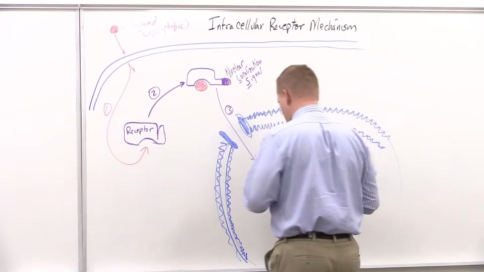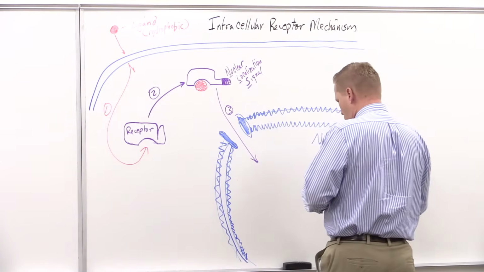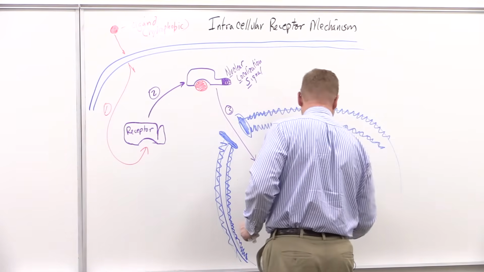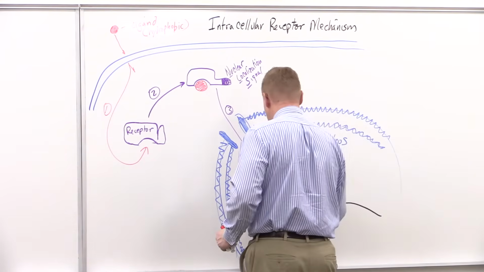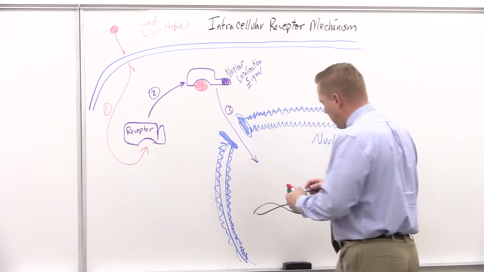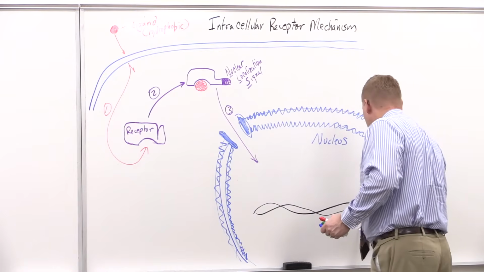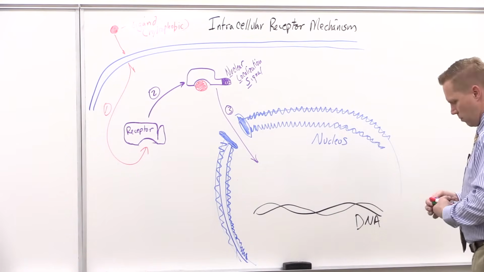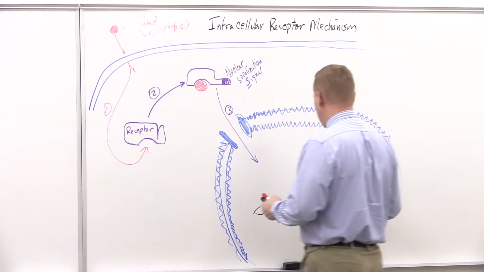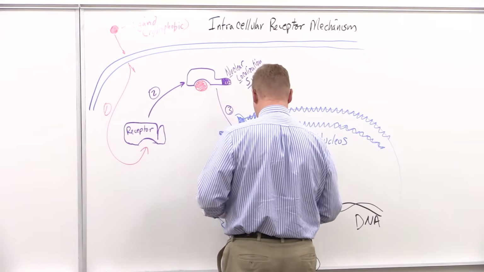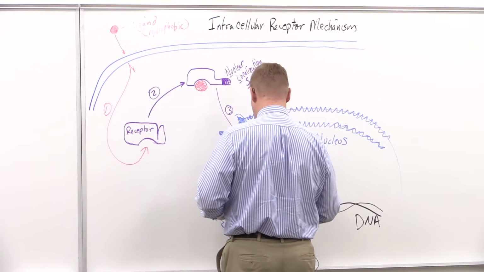Now, once inside the nucleus, we have our DNA. So we'll label that as our DNA. And that bound receptor is going to associate with the DNA.